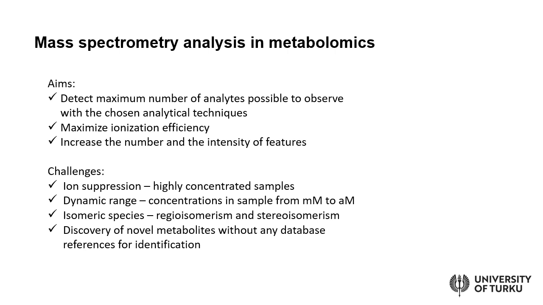We have to remember that we are relatively restricted in terms of sample preparation and analytical choices. So it's always a compromise. We don't have the whole metabolome in a single analysis yet, but at least we try to maximize the number of compounds that we can see in a single analysis.